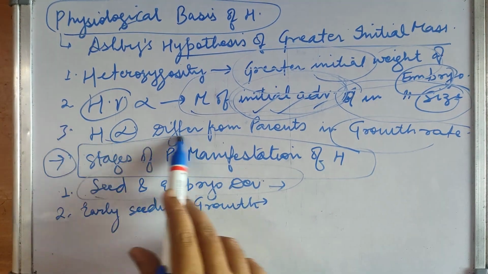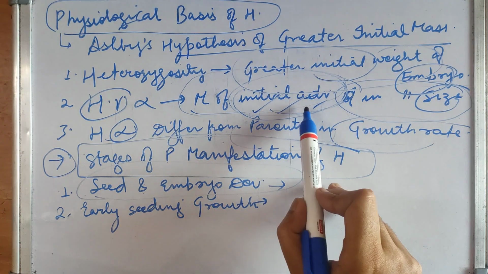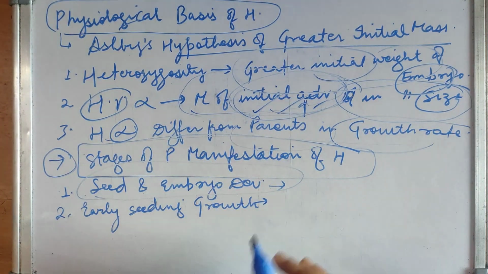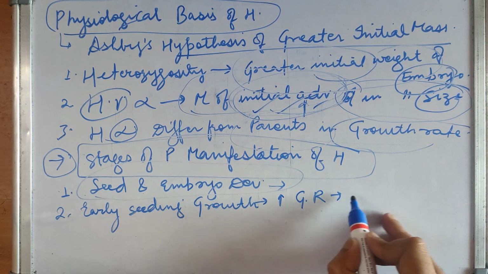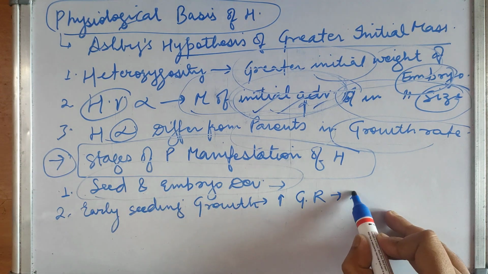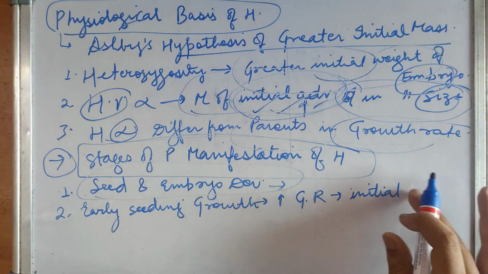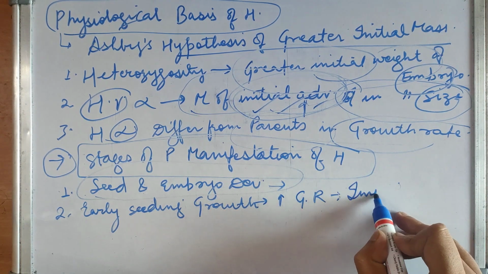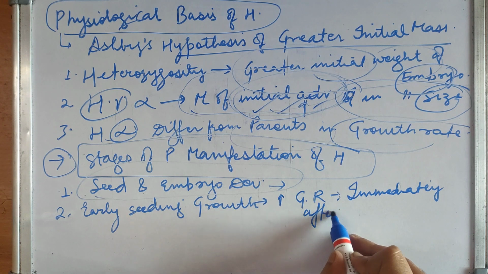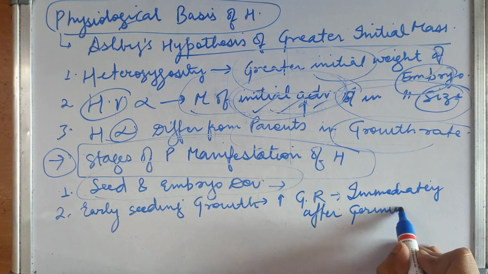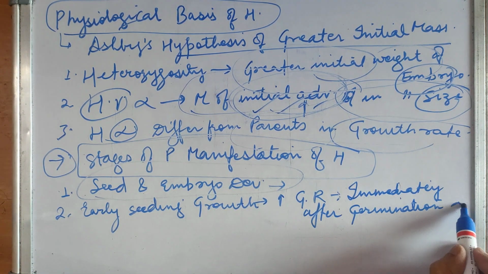As I discussed, they don't differ from parents in growth rate in normal terms, but initially hybrids show greater growth rate, immediately after germination and not later.